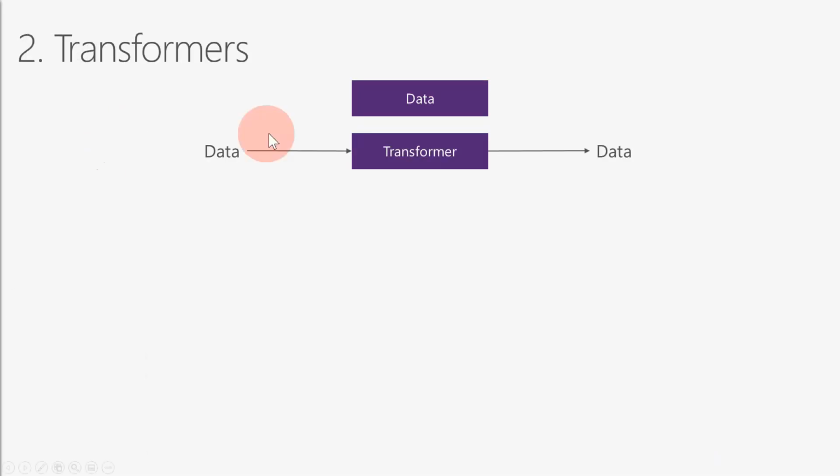All right, so the data's first, but then you have the transformer. Now what happens for the transformer is data goes in and data comes out. So all the transformer is doing is some sort of data manipulation between there. Where you do that, you could do that at the relational database, depends what the problem is.